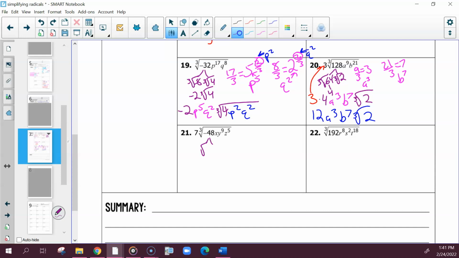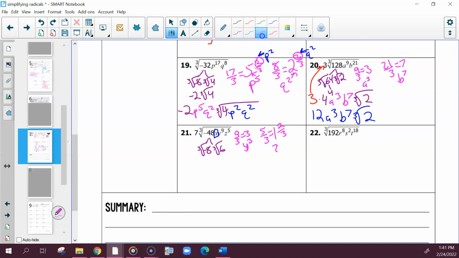So we have the cube root of 8, the cube root of 6. 3 does not go into 1, so this would be a standalone something on the inside. 3 goes into 9 3 times, so that would be y to the 3rd on the outside. 3 goes into 5 once, with 2 left over.